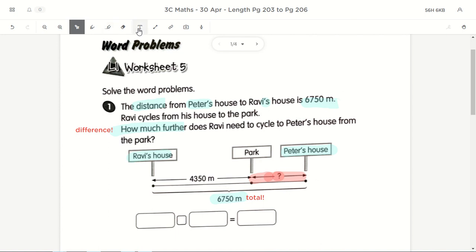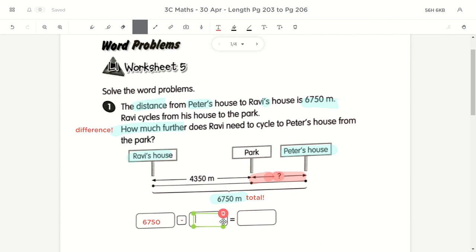So very simple. All you need to do is to use the total, which is 6,750, minus away the distance between Ravi's house and the park, which is 4,350.